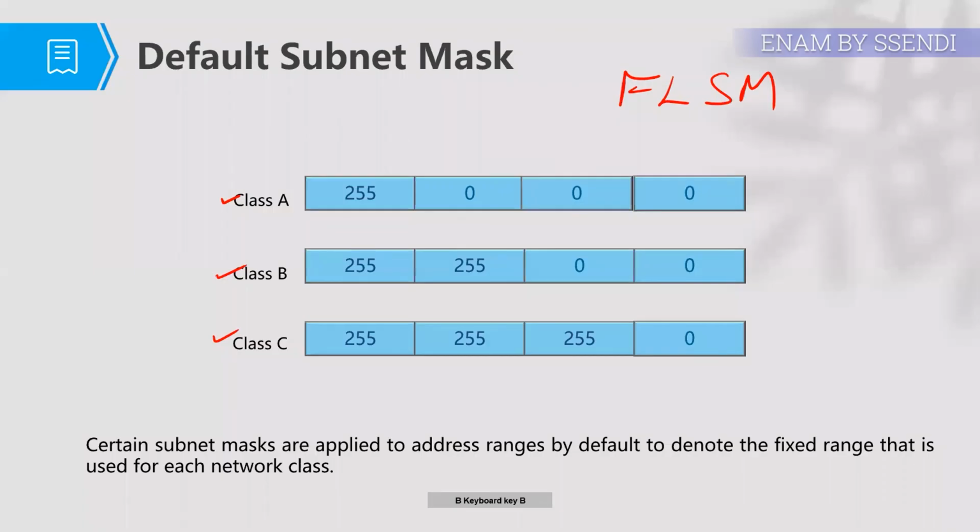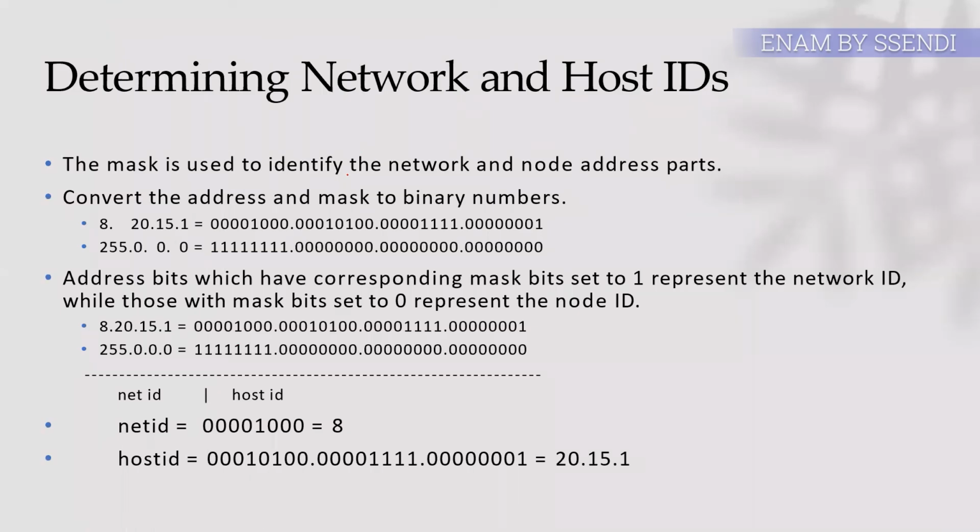When we move to the next slide on how we determine the network and host IDs, we have just gone through that process. I decided to put down something simple for you so that you are able to see what we are doing here.